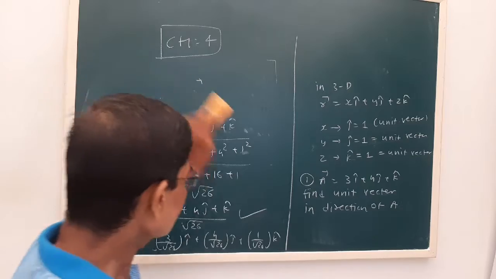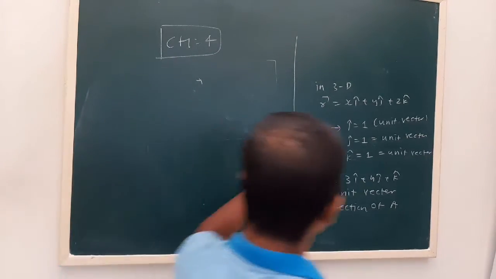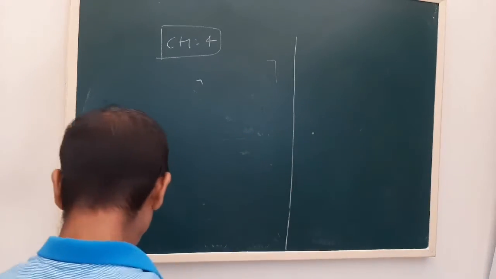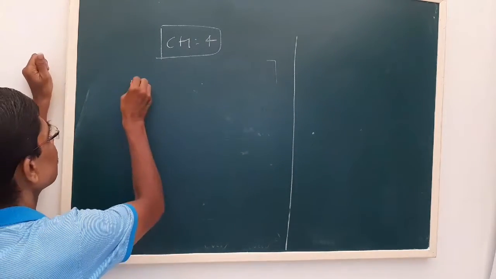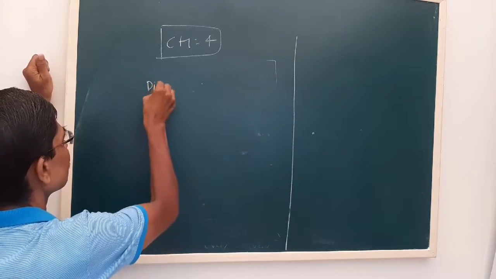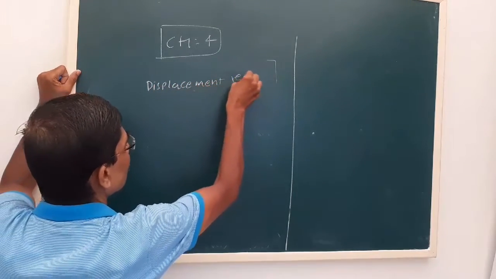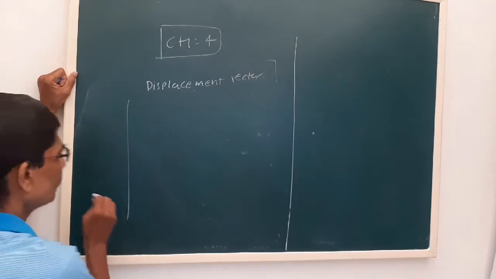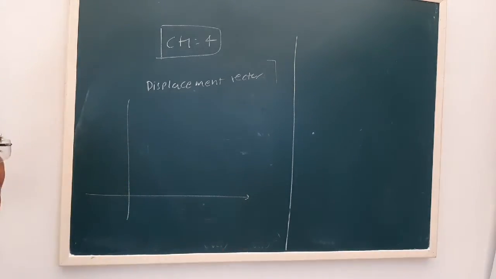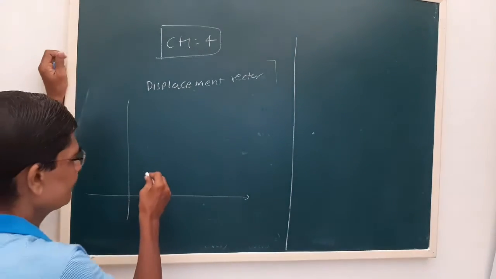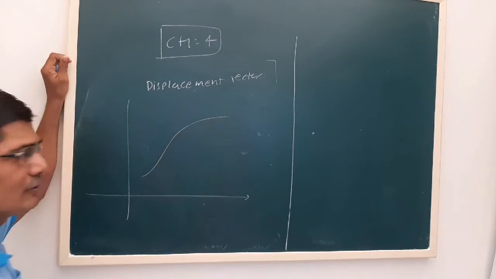Now we talked about the position vector. Next we talk about displacement. Here in lesson number 4, we are going to discuss motion in a plane, which right now means two dimensions.